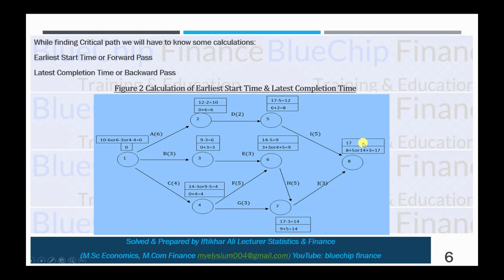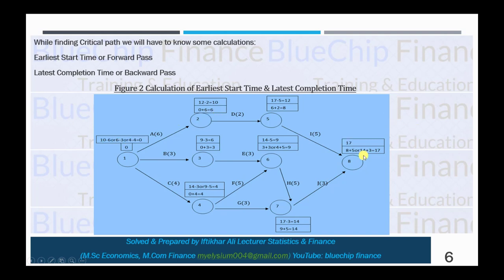So 17 minus 5 equals 12, 12 minus 2 equals 10, and 10 minus 6 equals... there is another activity which is possible here. So when we calculate that activity, then we decide what should be present here.